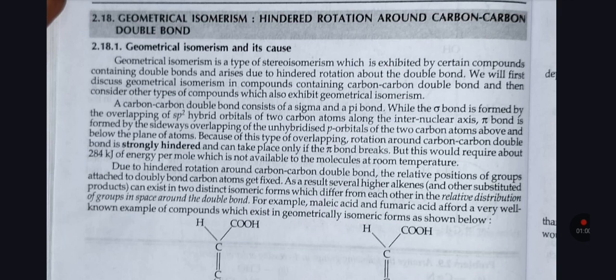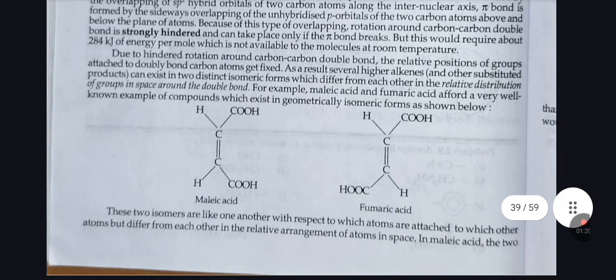Because of this type of overlapping, rotation around the carbon-carbon double bond is strongly hindered and can take place only if the pi bond breaks, but this would require about 284 kilojoules of energy per mole, which is not available to the molecules at room temperature.